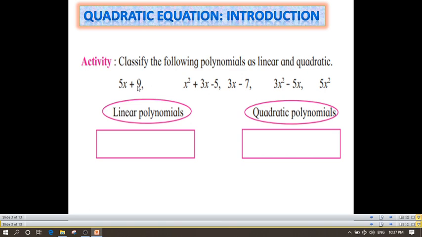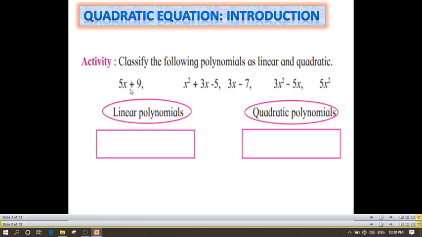See, there are 5 polynomials. First 5x plus 9, second x square plus 3x minus 5, third 3x minus 7, fourth 3x square minus 5x, and fifth 5x square. We know that if degree of a polynomial is 1, then it is called a linear polynomial, and if degree of a polynomial is 2, then it is called a quadratic polynomial.